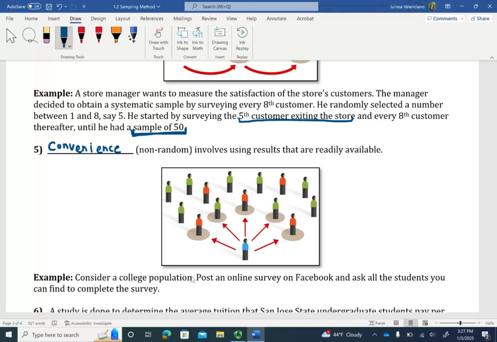You're not going to be hearing from students who are taking online classes. So again, the sample we get using convenience sampling is not going to be a good representation of the population. Avoid using this method. I just wanted to mention it because it is oftentimes used. In research, you won't see this method being applied.